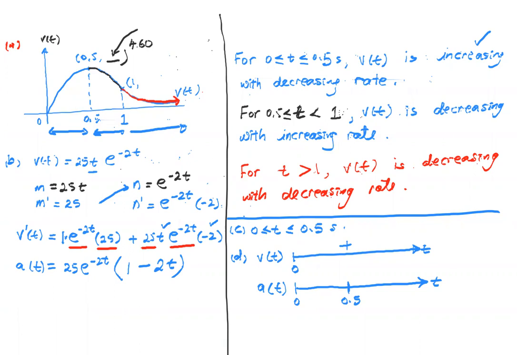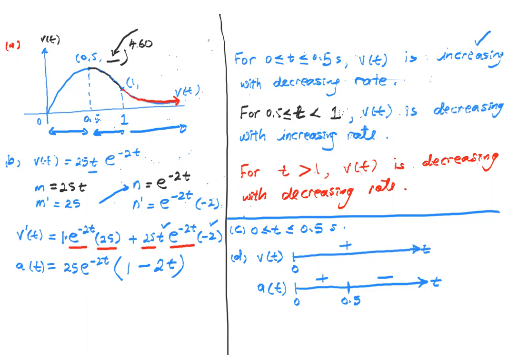Positive, because it's going up. After that, the velocity is decreasing, so acceleration is negative. In physics, negative acceleration is called deceleration. Is it possible for the acceleration to be negative? Yes. When the acceleration is negative, it means that the velocity is decreasing. Does it mean that the speed is decreasing?